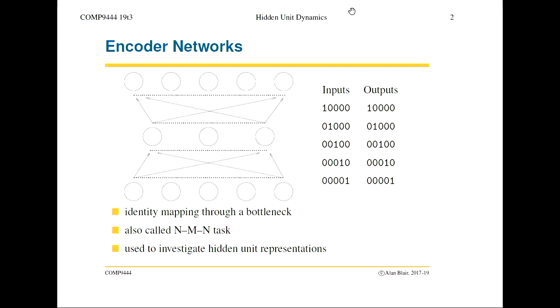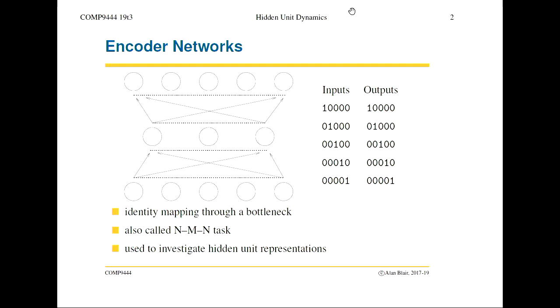The idea here is you put in an input, and the network goes through a hidden layer and then an output, and it's trying to reproduce the same input.